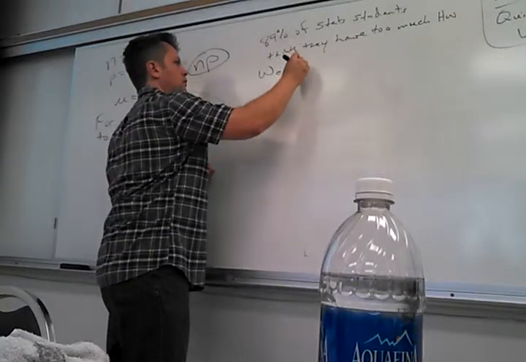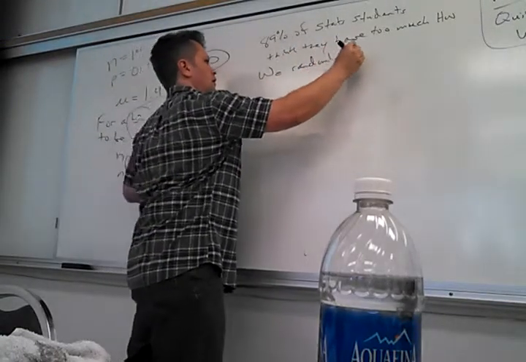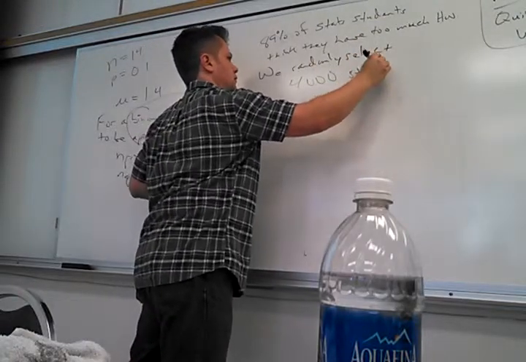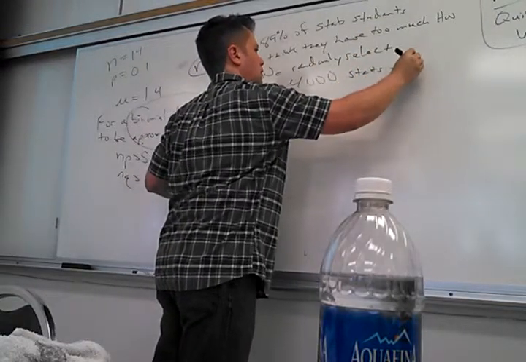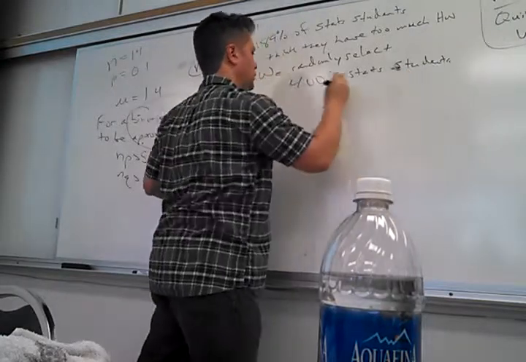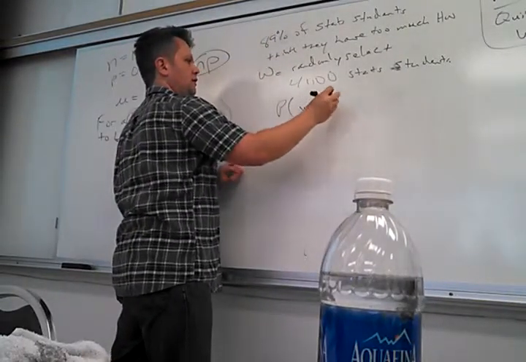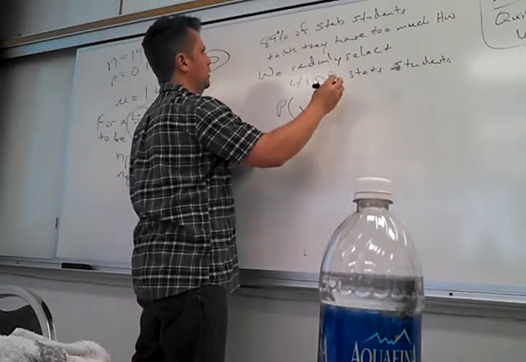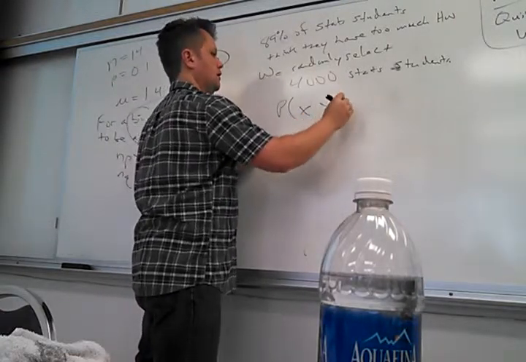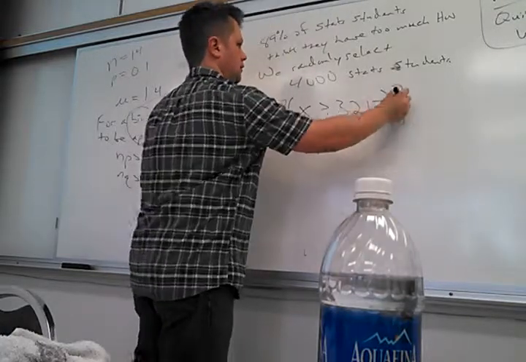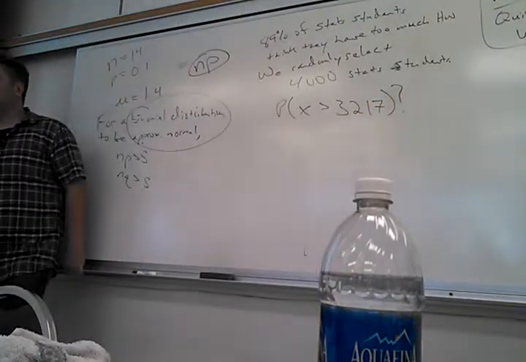We randomly select 4,000 stats students. What's the probability that more than, what, Jeff? I don't know. 3,217 will think they have too much homework.